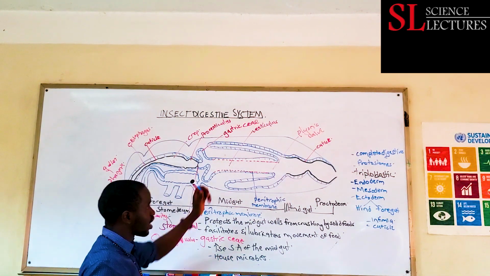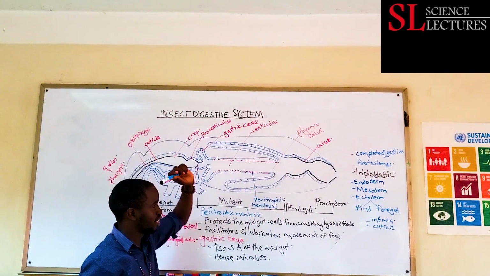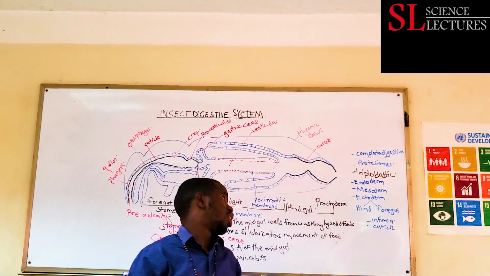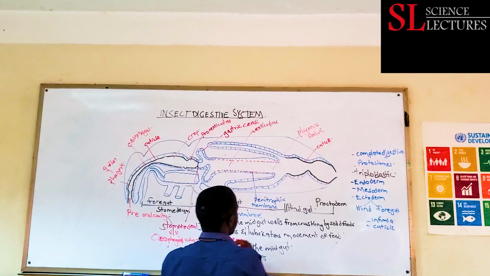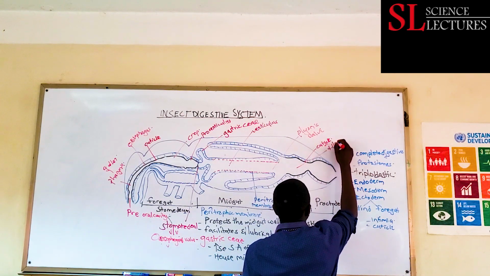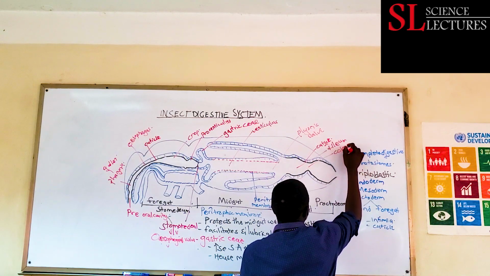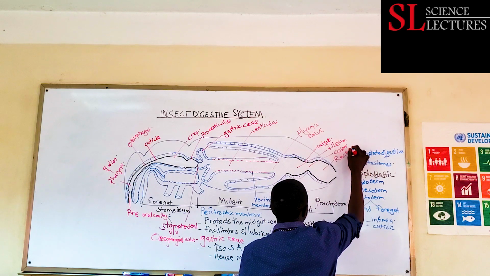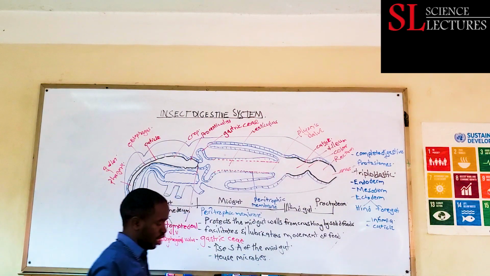But the hind-gut also has a cuticular lining, which we say is always shed off as an insect molts. So, the hind-gut is made up of the ileum, the first part of the hind-gut, followed by the colon, followed by the rectum, and lastly the anus.